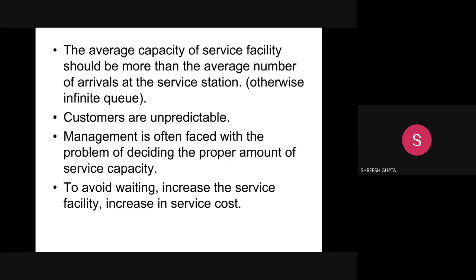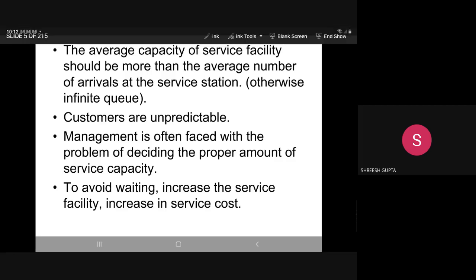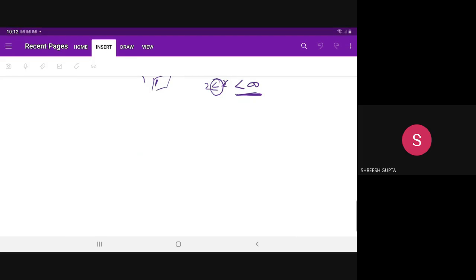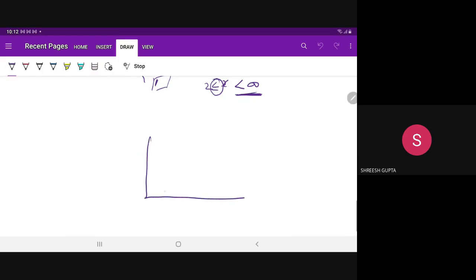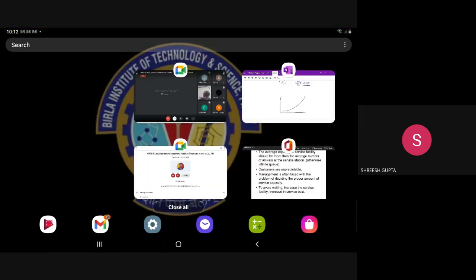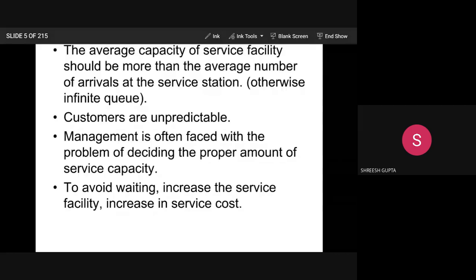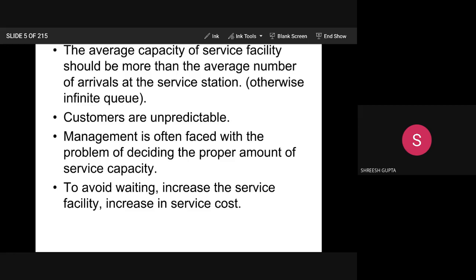So when we increase the service facility, the service cost will increase. To avoid the increase in service cost, what can you do?